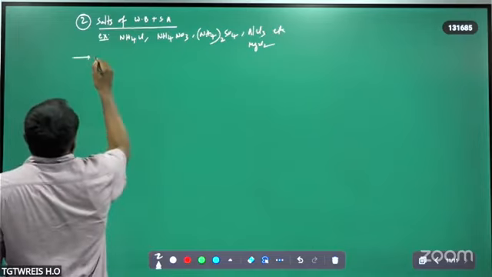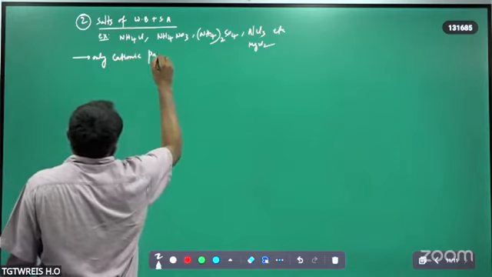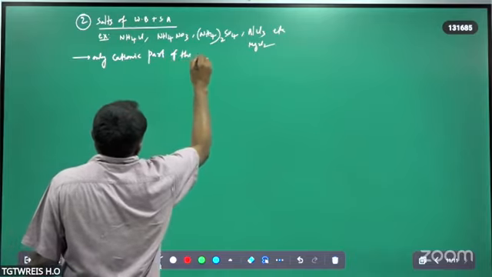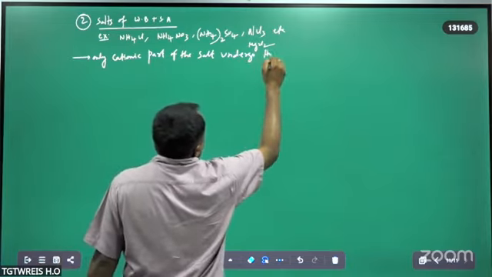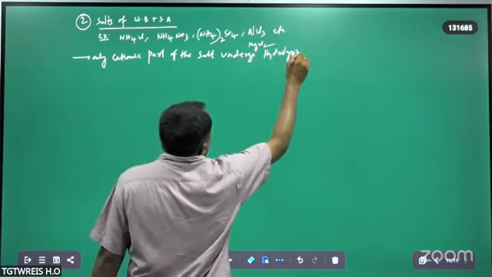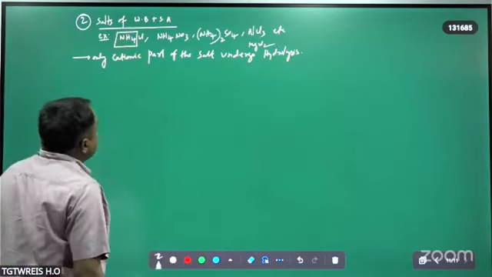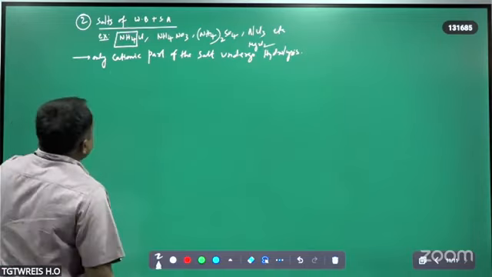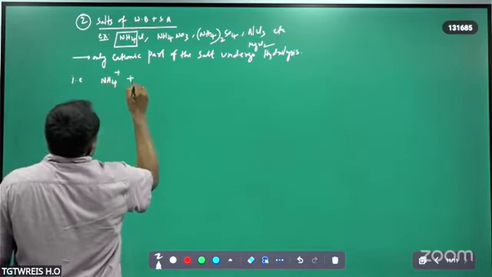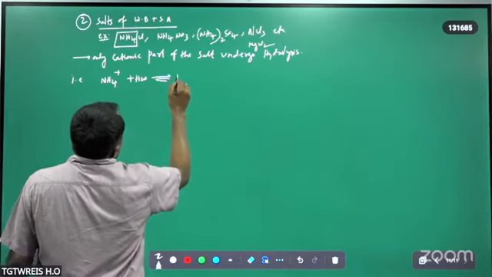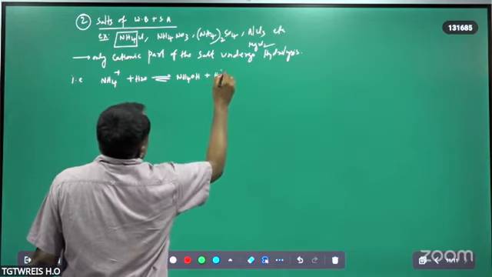In this case, only the cationic part of the salt undergoes hydrolysis. This NH4 plus undergoes cationic hydrolysis. NH4 plus plus water gives NH4OH plus H plus.